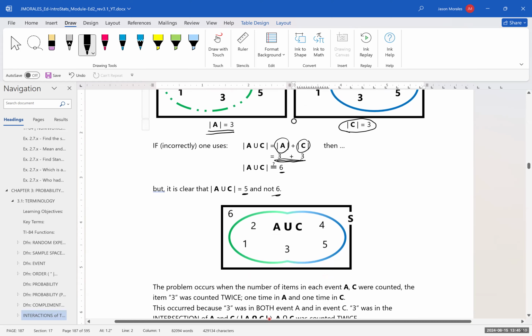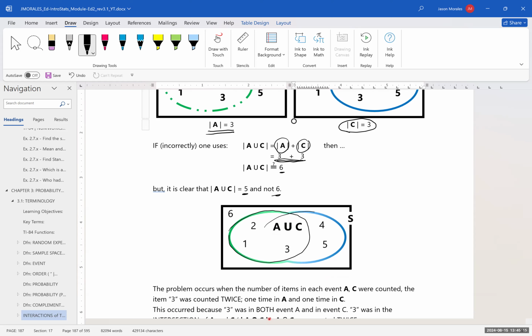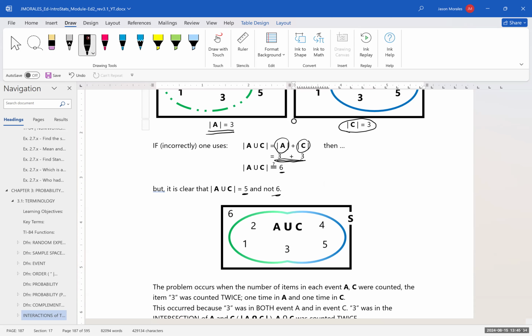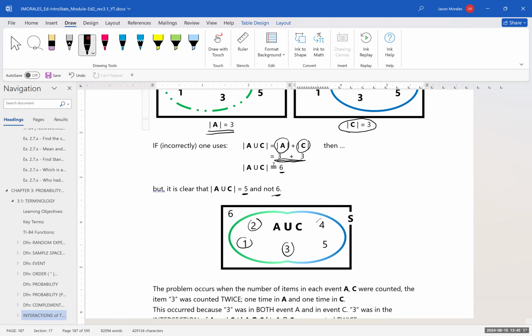Because if we take event A, which looks like this, and we take event C, which looks like that, this is A and that's C, and we do a union, which means we combine their two areas, then it looks something like that. And how many elements do we have in the union now? We've got 1, 2, 3, 4, 5. We've got 5 elements in the union, not 6, which is what we calculated if we added them separately.